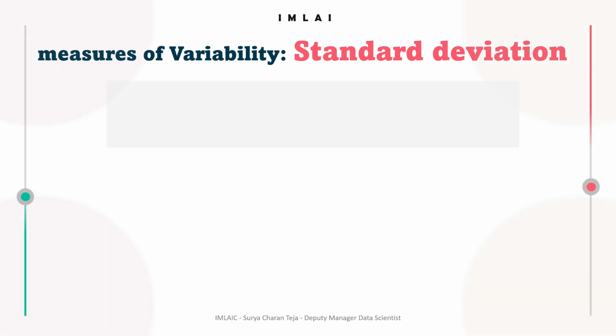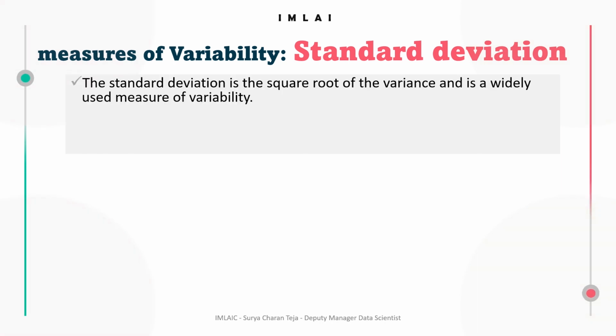The standard deviation is the square root of the variance and is a widely used measure of variability. It represents the average amount by which each data point deviates from the mean.